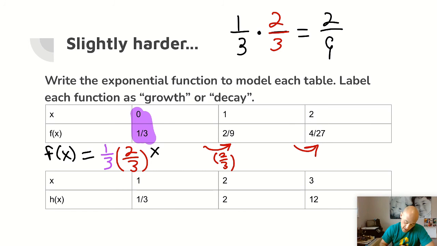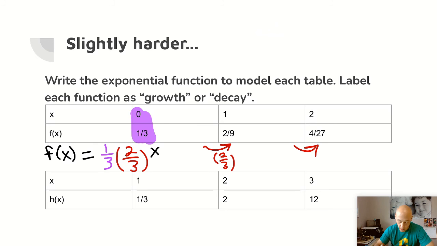There is another way to see this, and it's honestly a little harder, I think. We can take this 4/27 and divide by 2/9. 4/27 divided by 2/9. Does anyone remember how to divide fractions? How do we divide fractions?